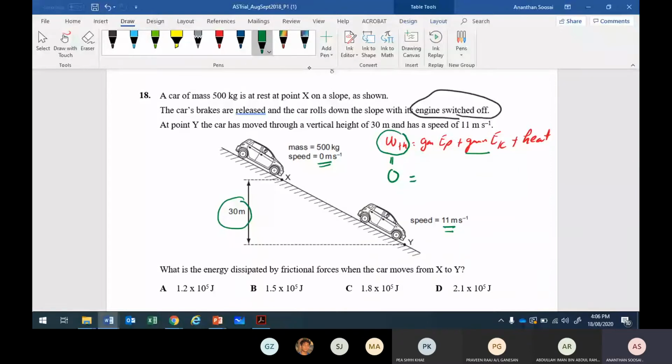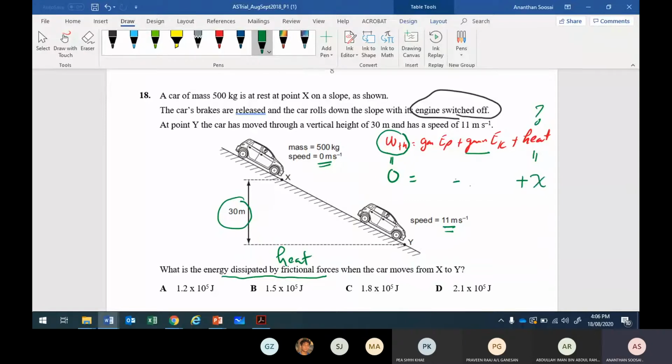So the question is asking what is the heat? Energy dissipated by frictional force is actually heat. So we put the heat as X. We are looking for this X.